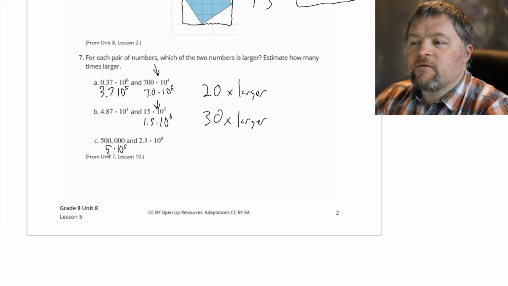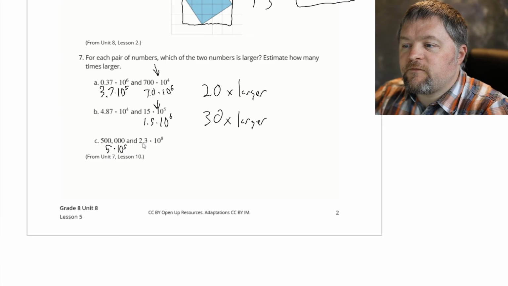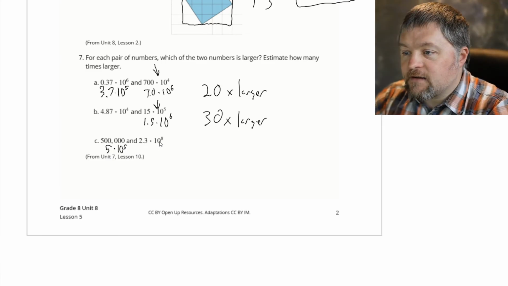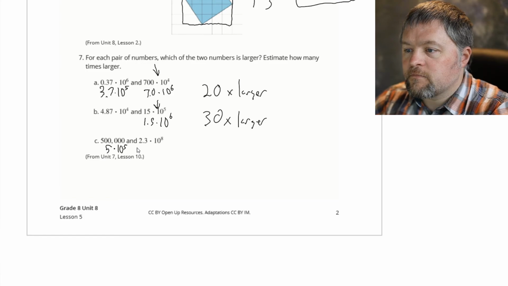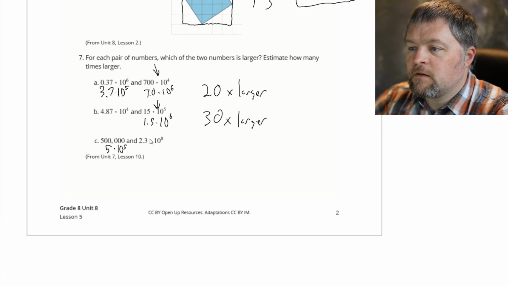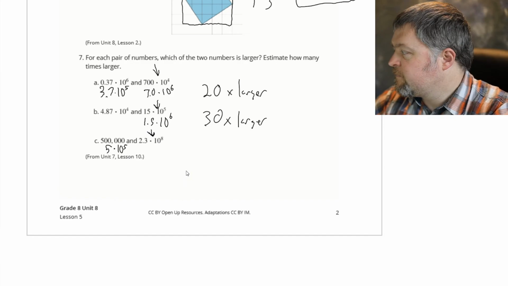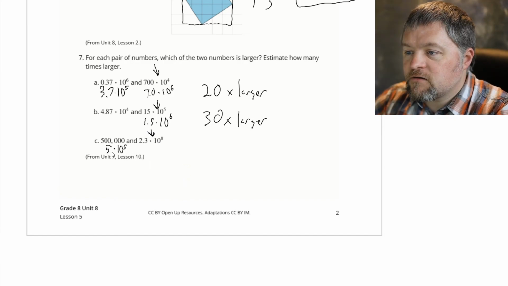So we have 5 times 10 to the 5 and 2.3 times 10 to the 8. So which one's going to be larger? This one's going to be larger. How many times larger?